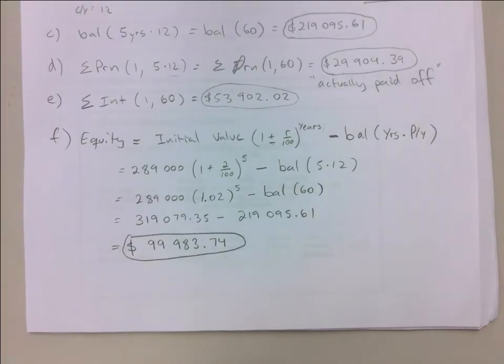And this is why a lot of people still go ahead and buy a house even though they're going to pay a lot of interest, is because your value is going up, right? The value of the house is going up. So when you retire and you no longer want to live in the house, you can sell the house and use that to move into a condo or move into an apartment and so forth.